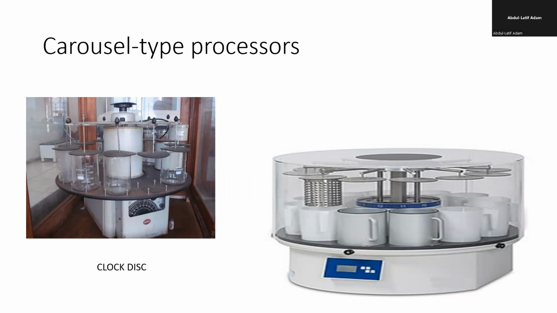We used to have the clock disk. So usually the machine comes with a disk, and then you make indentations on the disk. It's like 36 degrees, so every time it's 24 hours per day.